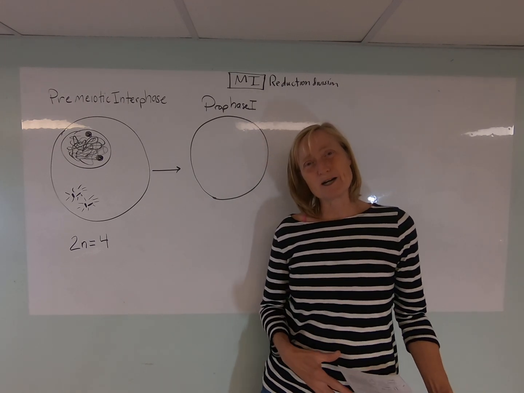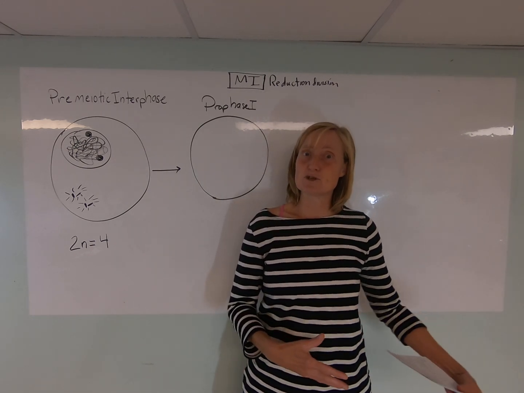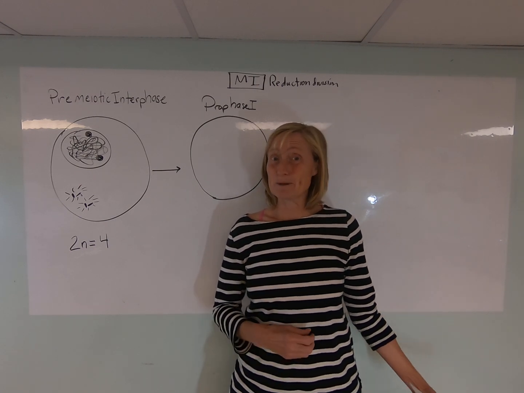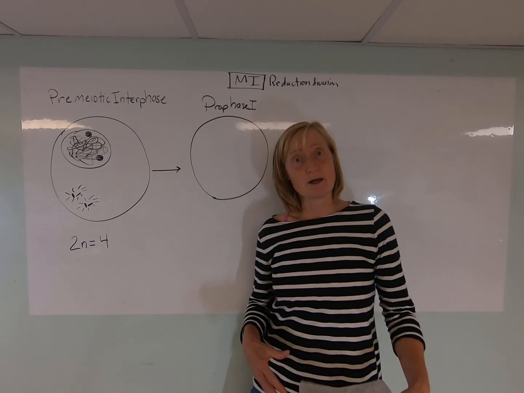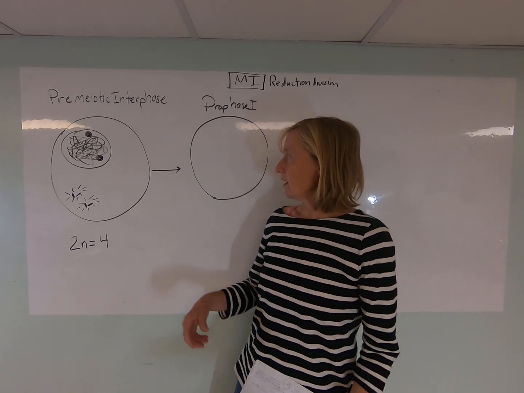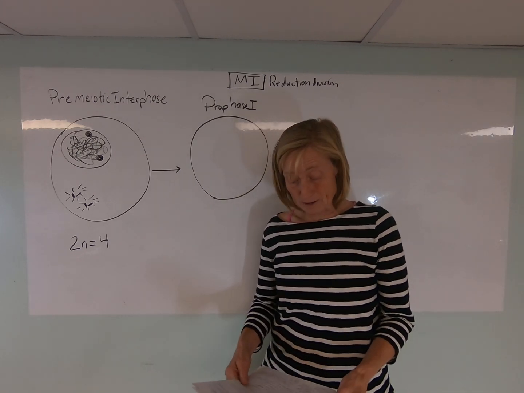And then once a girl goes through puberty, about once a month, one of these cells continues through meiosis to become a mature egg so that it could be fertilized. And that can happen month after month, year after year, until a woman is close to 50. So this is a really long phase, at least in human females, all right?